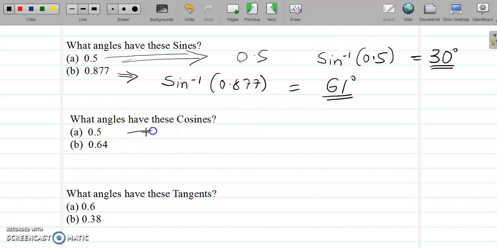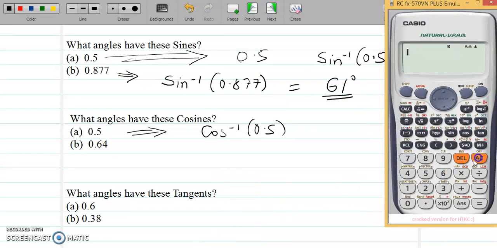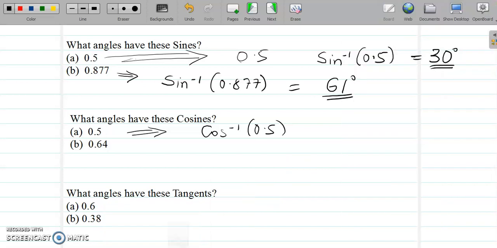The same thing happens when we talk about the cos. For me to find the angle that has this cos 0.5, what I have to do is to find the cos inverse of 0.5. So what is the cos inverse of 0.5? I press shift cos, it gives me the cos inverse, 0.5, close bracket, 60. So cos 60 degrees gives us what? 0.5.